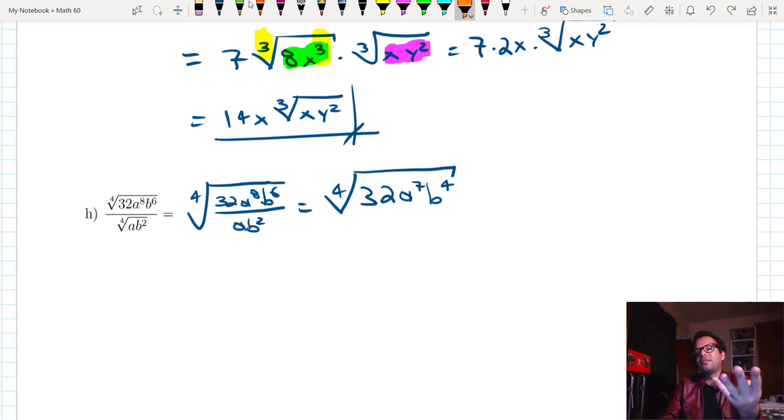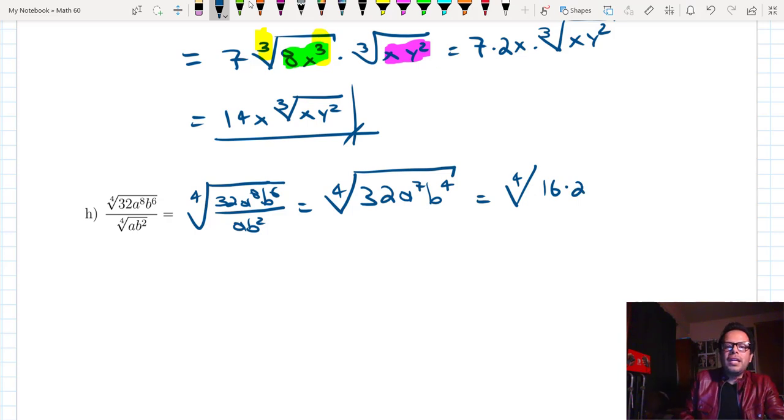No, it's not going to be, right? And to the 5th power is going to be 32. So we are going to break this number up into the 4th root of 16 times 2.